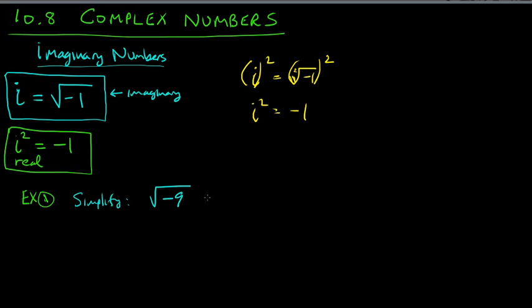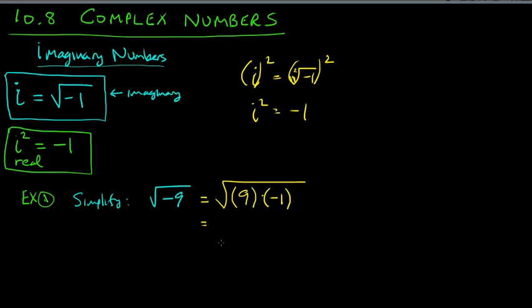What's the square root of -9? Well, it's an imaginary number because it's an even index of a negative number, and that's when you get imaginary numbers. Now, you can think of this as the square root of 9 times -1. So 9 times -1, of course, is -9.